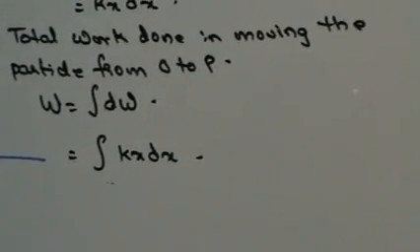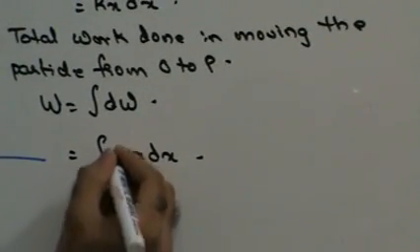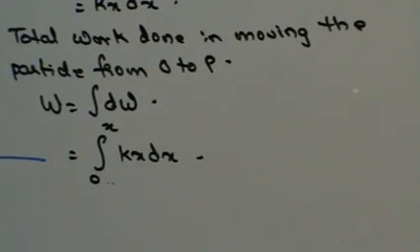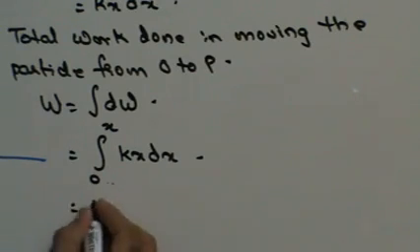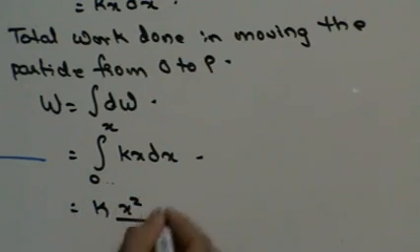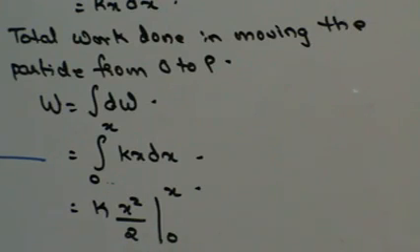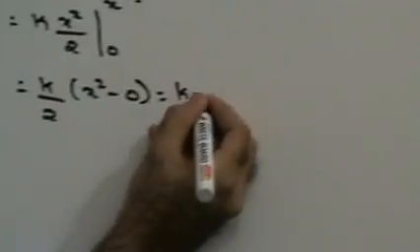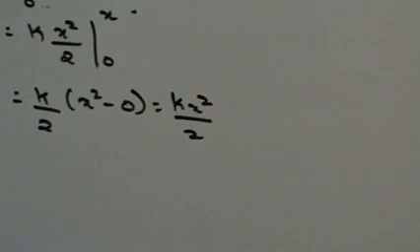You are moving the particle from O to P, that means by a displacement of x. K is constant. Integral of x is x square by 2 when the limits are between 0 to x. So you substitute upper limit minus lower limit. So this will be k by 2 x square minus 0. So this is going to be kx square by 2. That will be the work done.